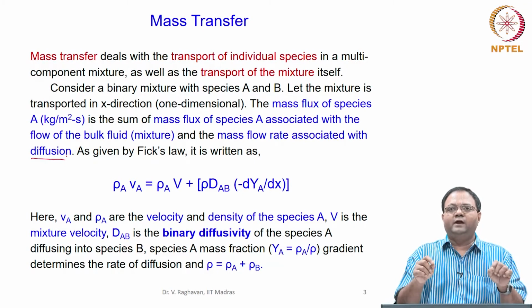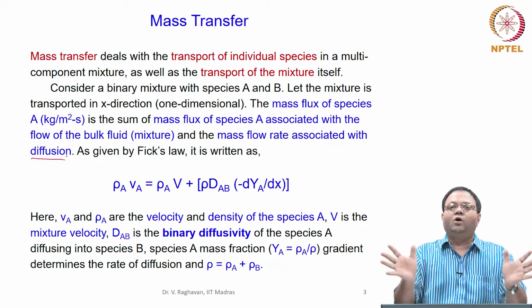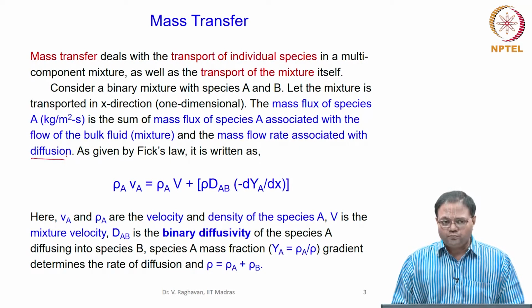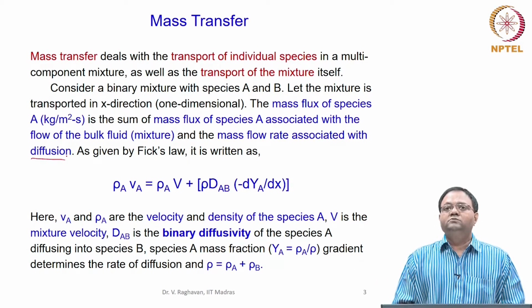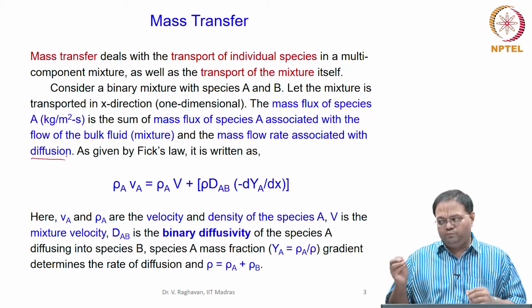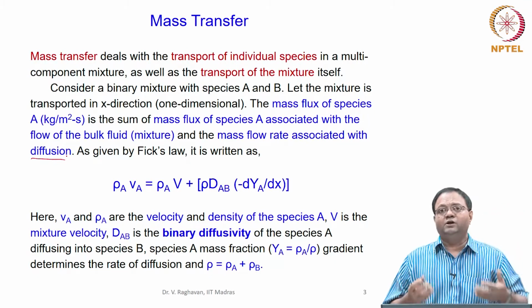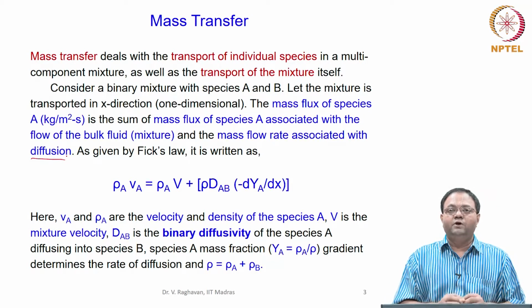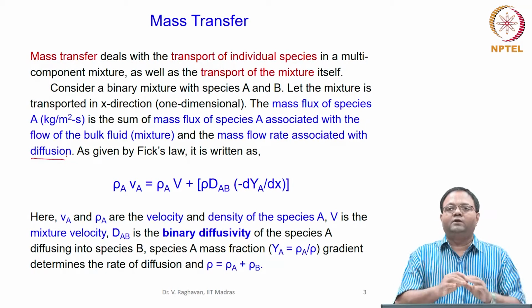The concentration gradient makes the species diffuse slowly in all directions, but if you have a velocity in a particular direction, the bulk flow, which is the convective velocity, will transport the perfume in that direction at a faster rate. So if there is any convection present, that will transport mass. If there is no convection present, the perfume is transported only by diffusion.